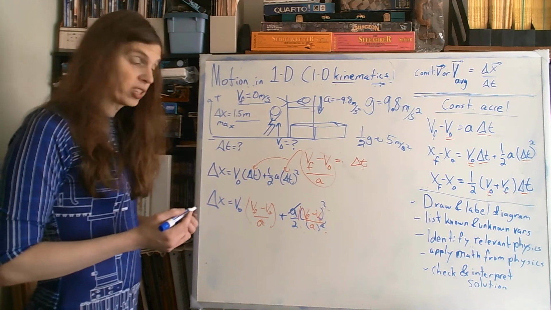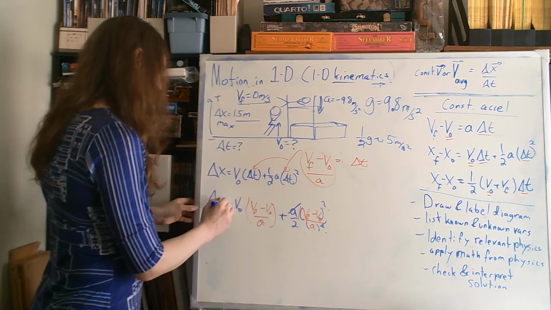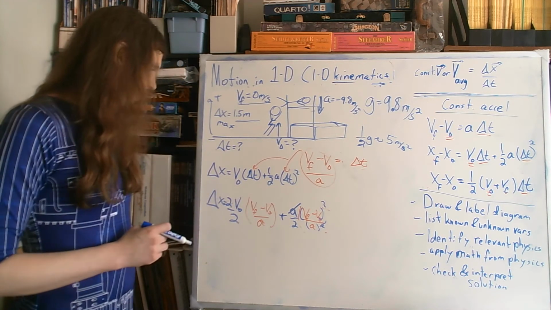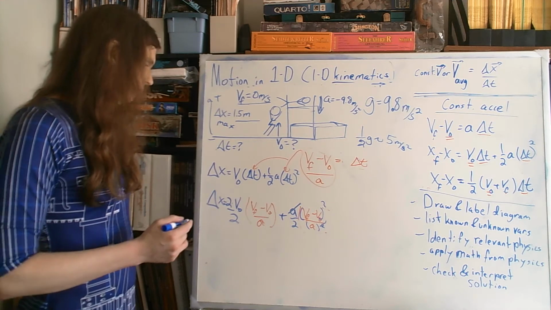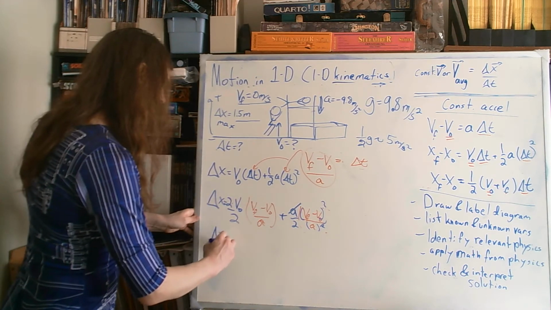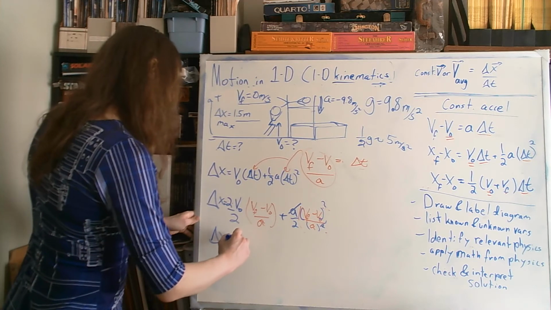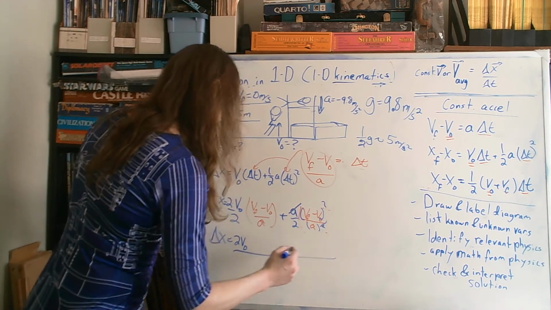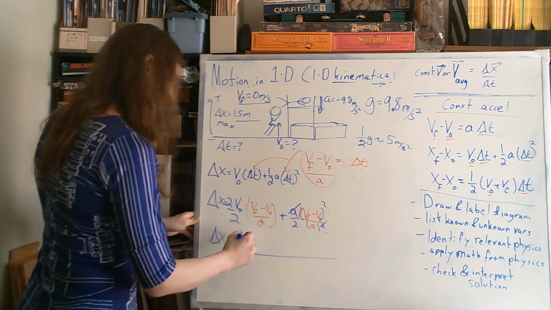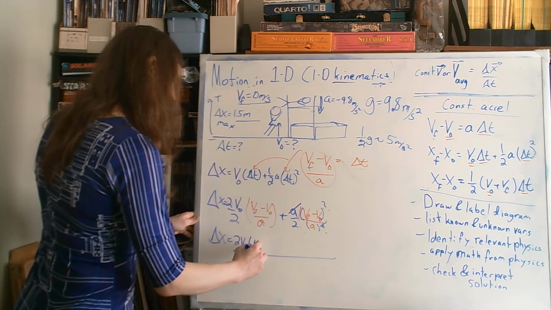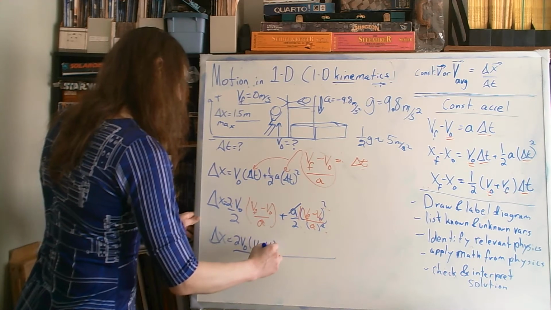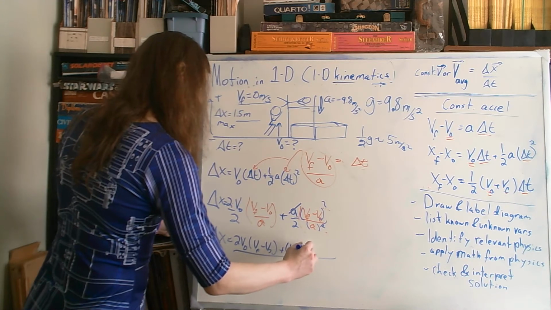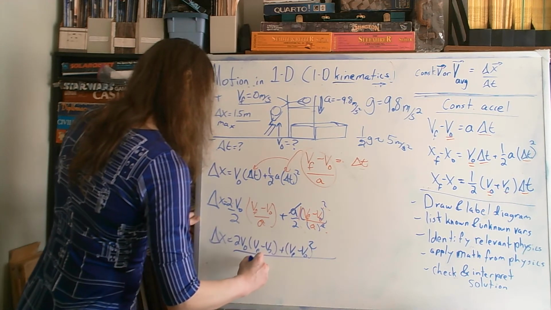So let's give ourselves common denominators and multiply this by 2 over 2. So now we have delta x is 2v0 times vf minus v0 plus vf minus v0 squared all over 2a.